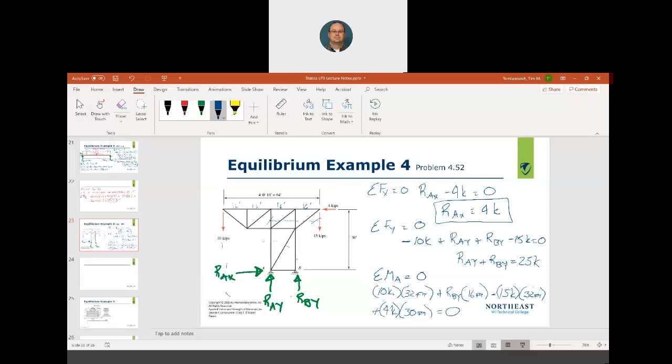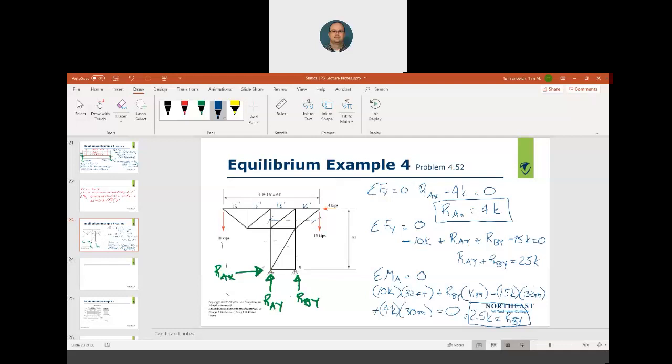It turns into positive, and I divide that whole thing by 16, and I get 2.5 kips equals RBY. That's going to double check my math. This is where you're going to mess up, because if you have a negative sign, that means I assumed my sense was wrong.